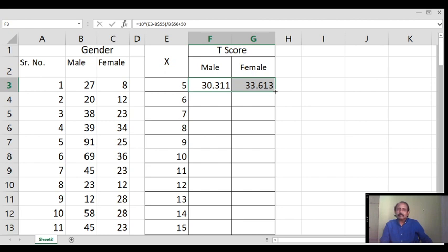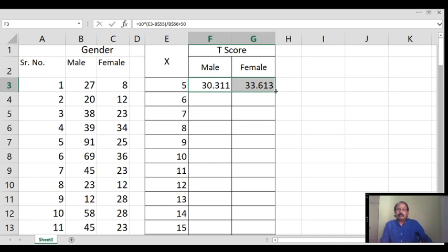Remember, I will click twice, and when I do that, the formula written in F3 and G3 will be copied and pasted into all the remaining blank cells under the columns of male and female. Look again. I am bringing the cursor over the tiny square. The shape of the cursor will change.